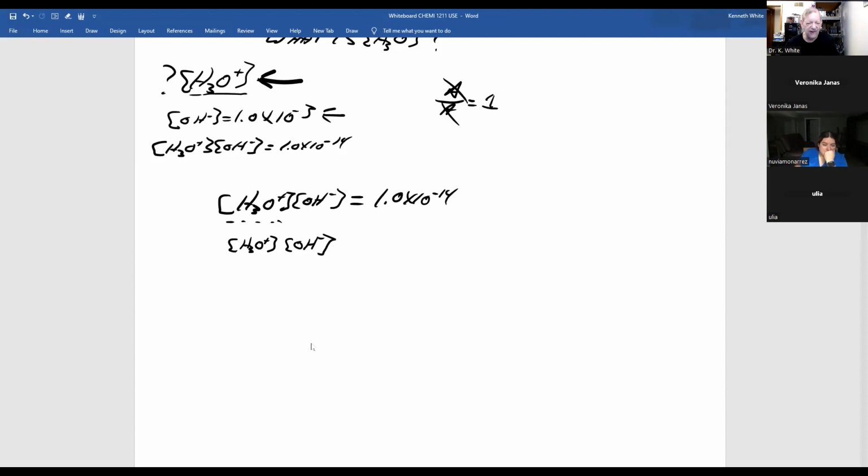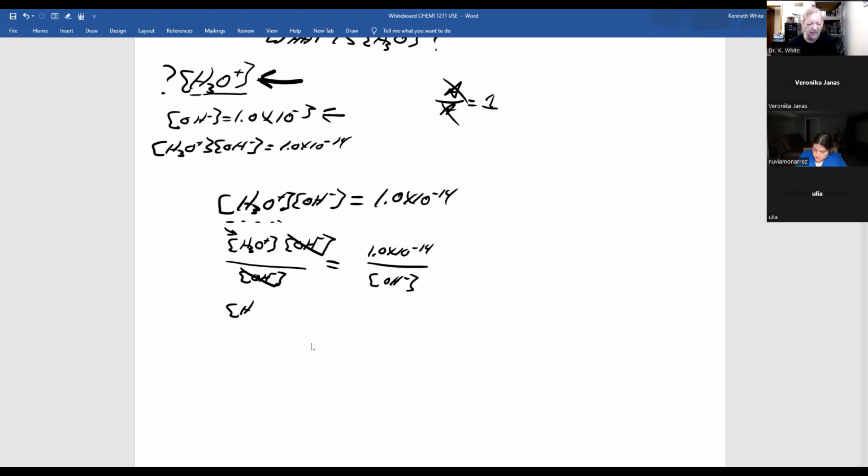Well, if I want to get rid of the hydroxide, because I'm trying to solve for the H3O plus concentration, I'll divide by that. However, whatever you do to one side, you have to do to the other. And I just did. OH minus concentration divided by OH minus, number 1, cancels out.